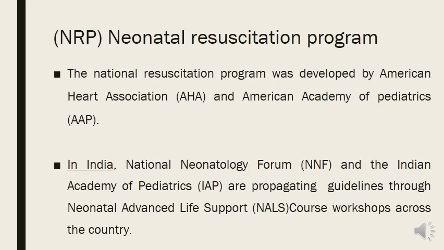Neonatal Resuscitation Program or NRP. The Neonatal Resuscitation Program was developed by the American Heart Association AHA and the American Academy of Pediatrics.